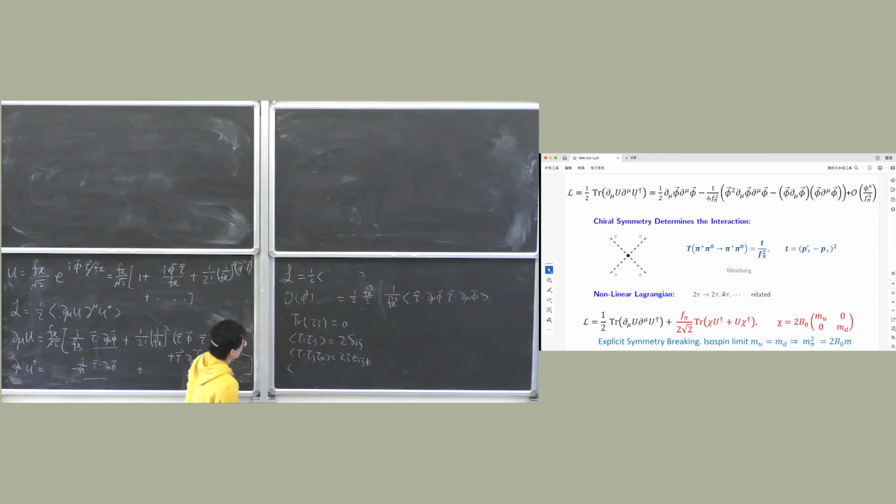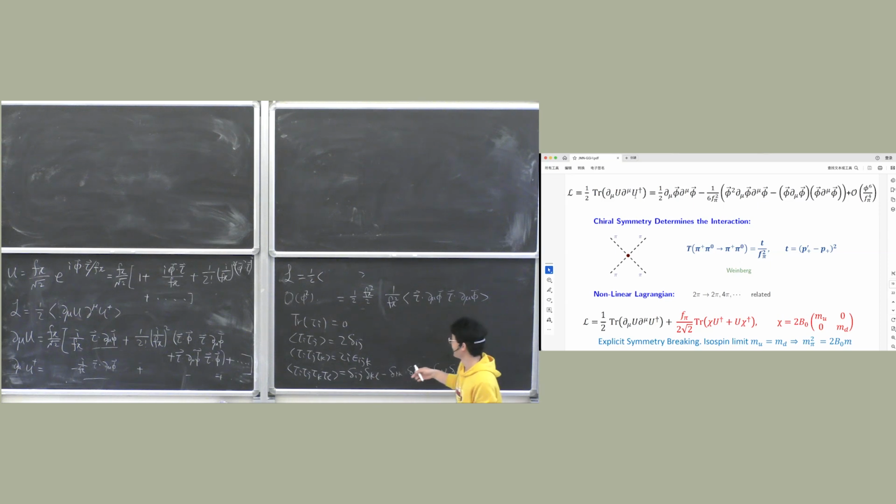Also we need the four Pauli matrix trace later. It's delta ij delta kl minus delta ik delta jl plus delta il delta jk, like this.